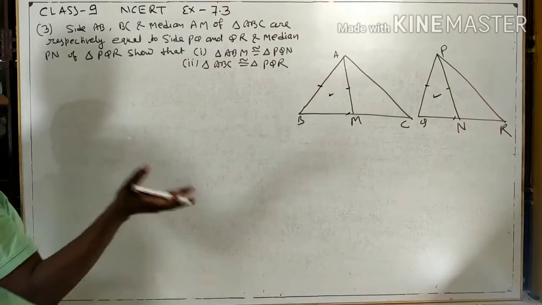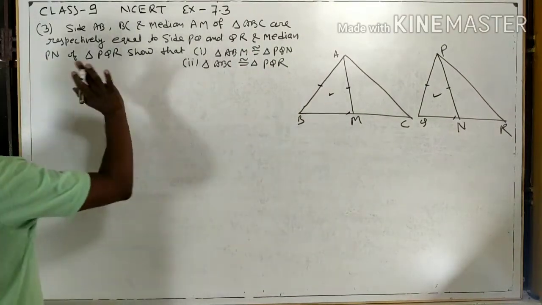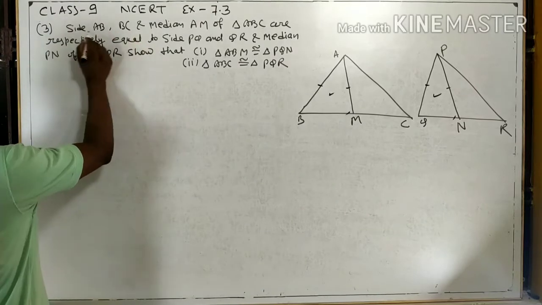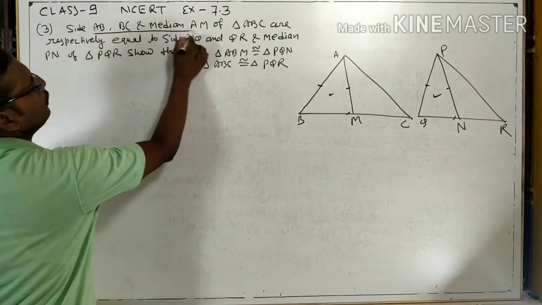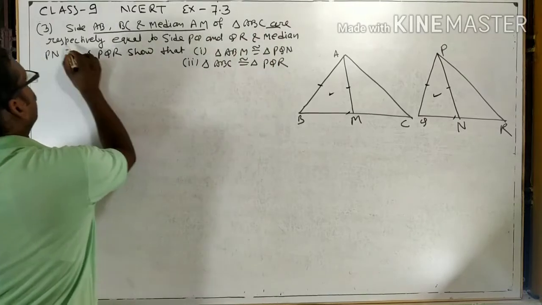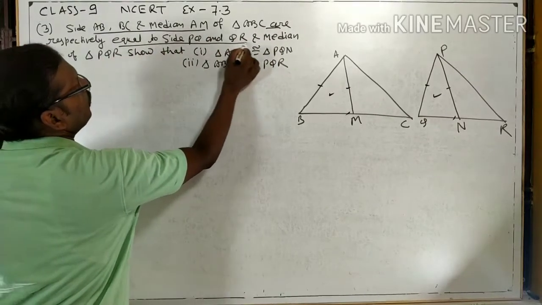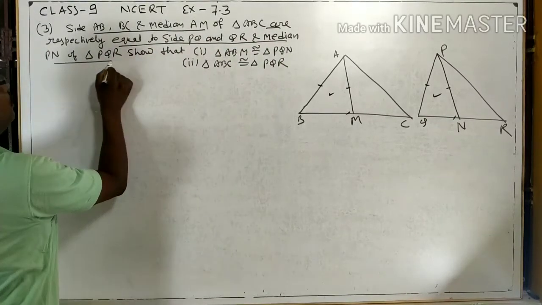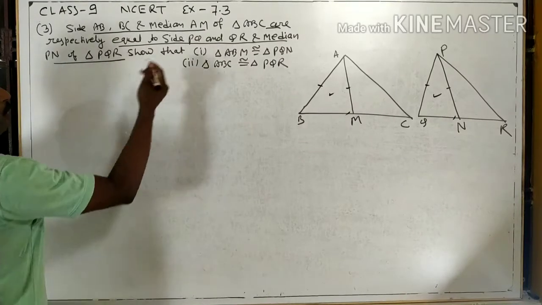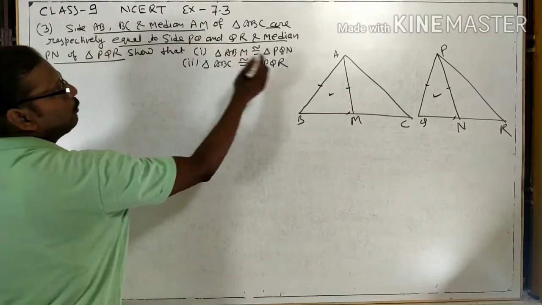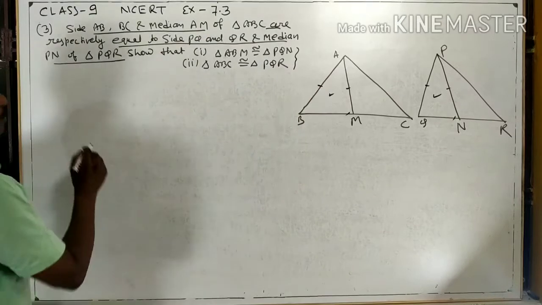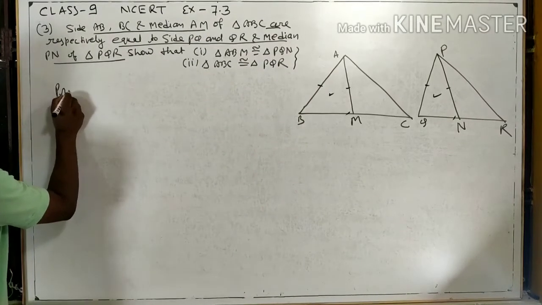First you must write what is given in the question, and then write down what is to be proved. Now we are going to prove it.